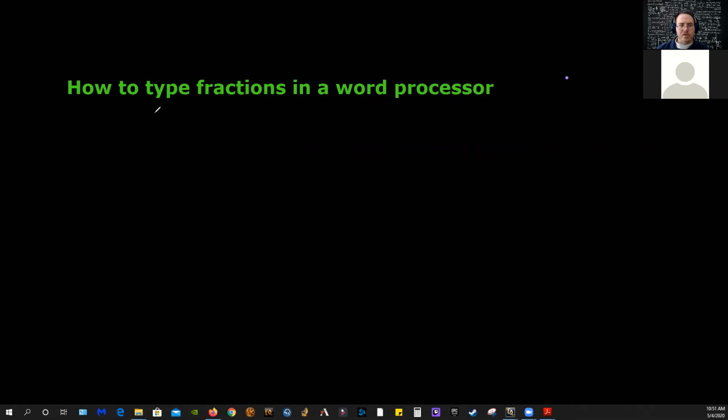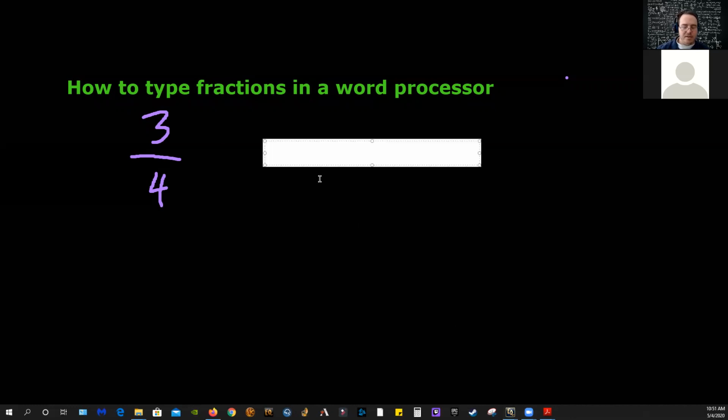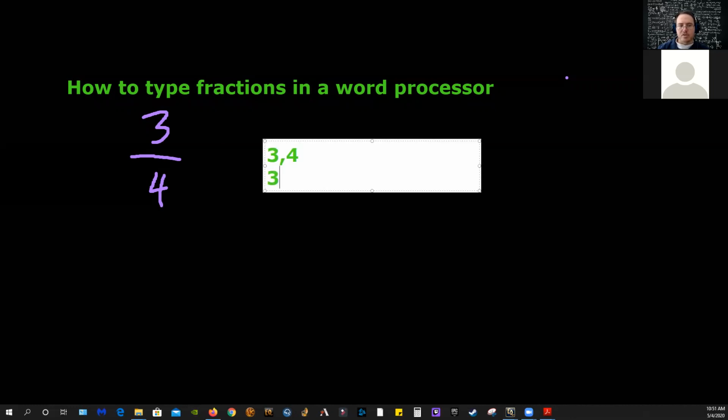If you have a fraction of 3/4, let's say, and you need to type that in text, some people try this. Some people just try this. Some people try this.